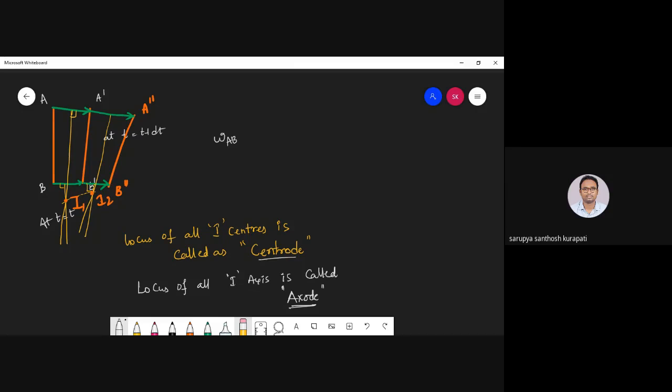From AB to position A'B', I can observe pure rotation when I'm standing from I. So here I1 becomes my reference point or center of rotation. Can you tell me the relation between linear velocity and angular velocity?